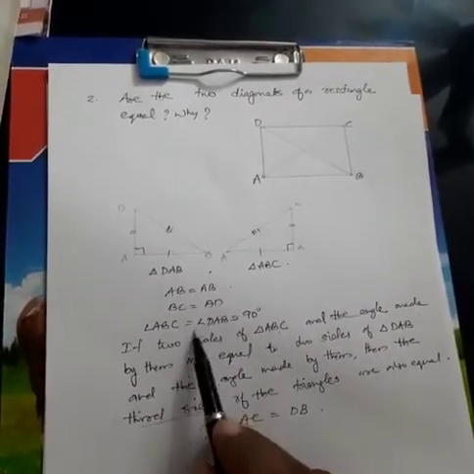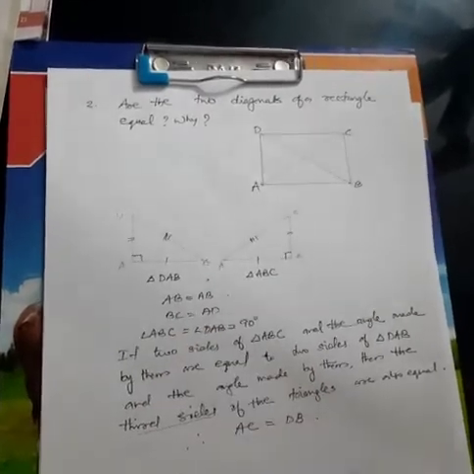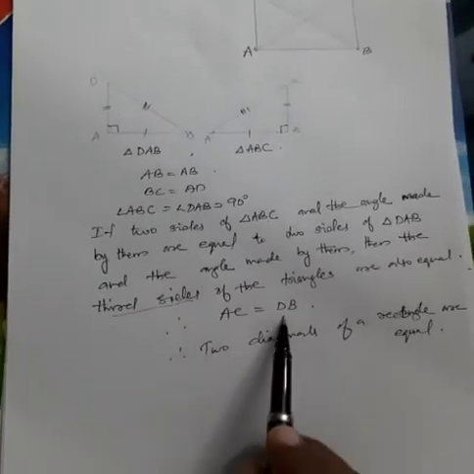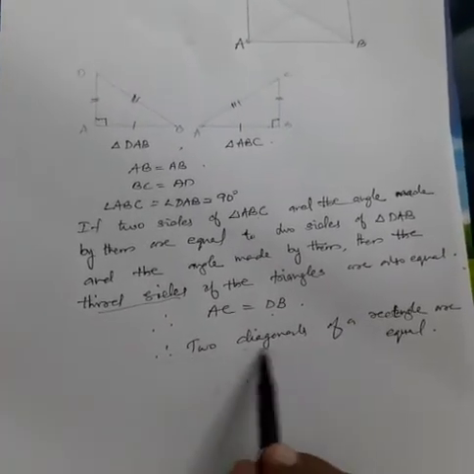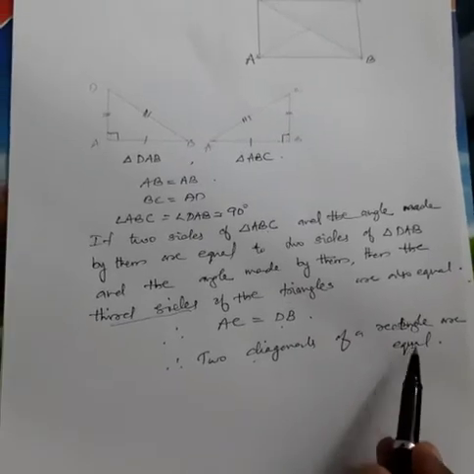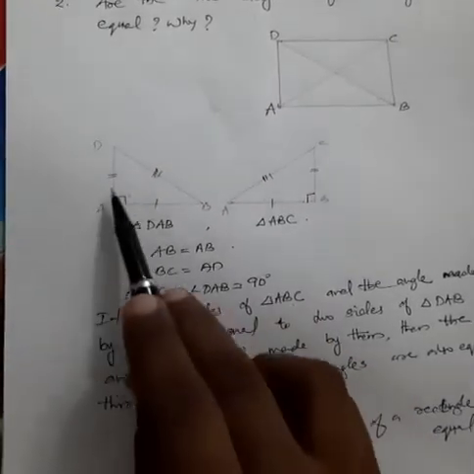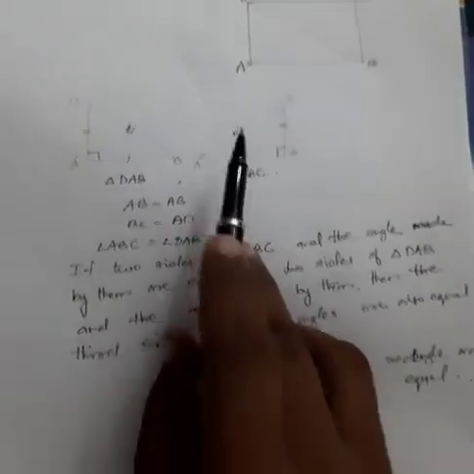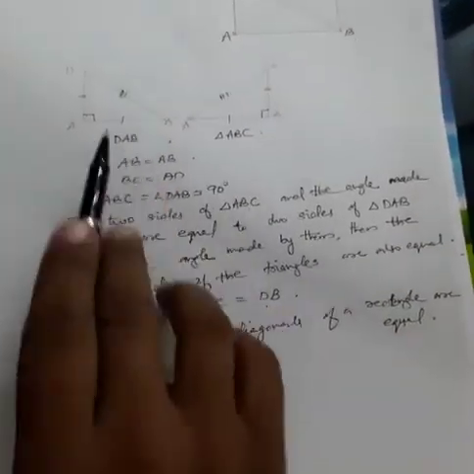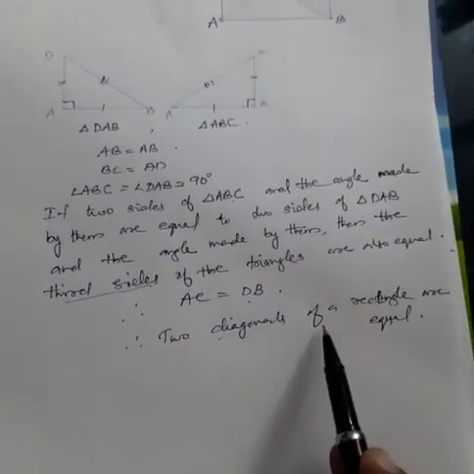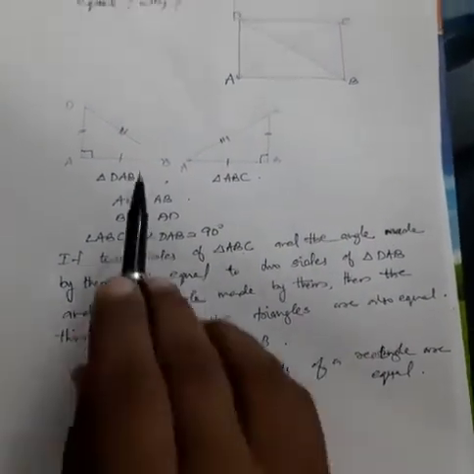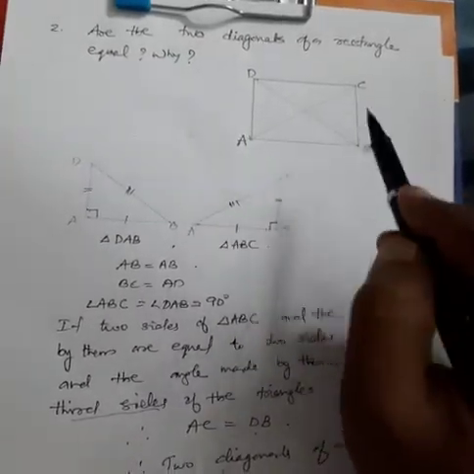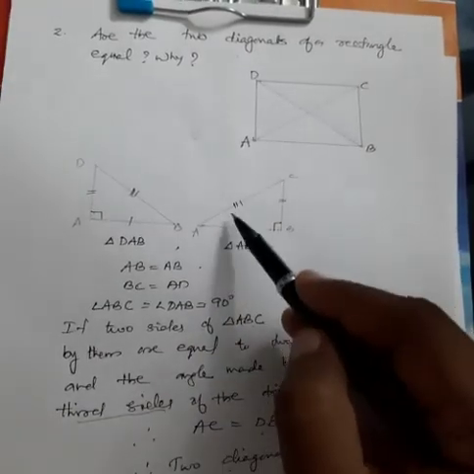So if two sides and one angle are equal, the third side is also equal. So you can write that the two diagonals of a rectangle are equal. Using the law, the third side is also equal. So this is the diagonal AC and the next diagonal DB. Both are equal because they are the third sides of the triangles.